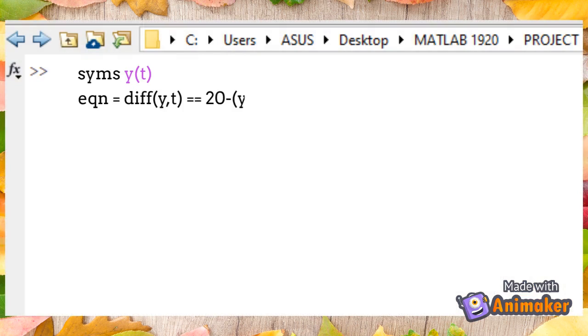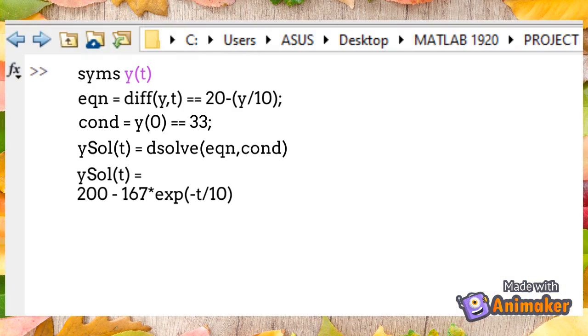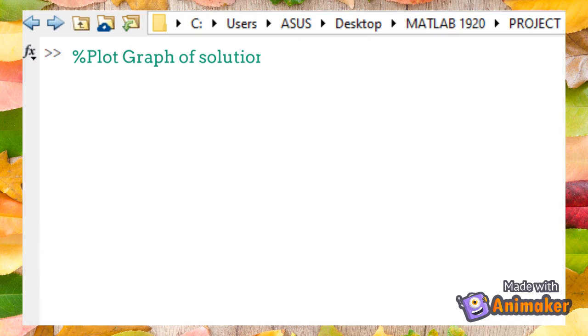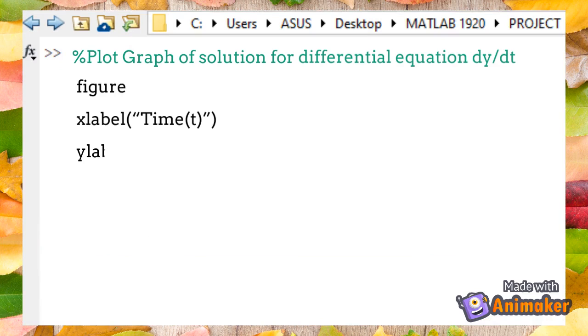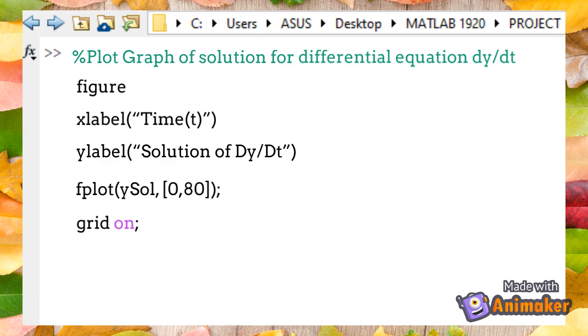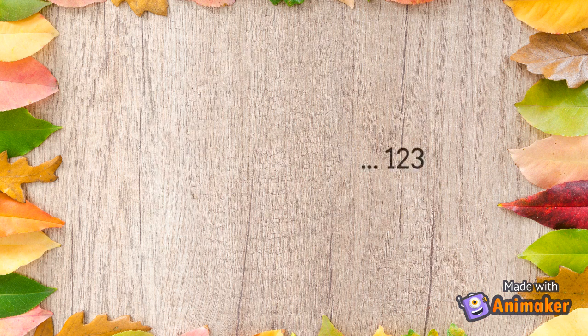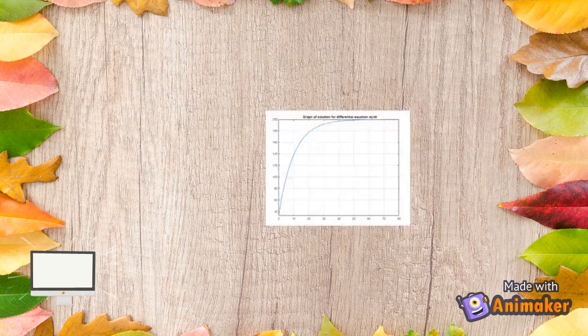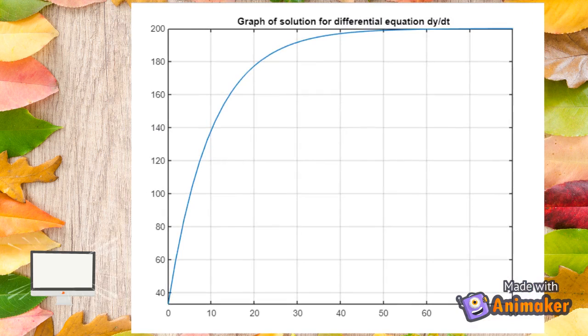This is the code used in MATLAB to solve the differential equation dy over dt. This is the code used to plot the graph of the solution for dy over dt. The amount of Milo in the cup reaches a steady state limit that is well below 200 grams.